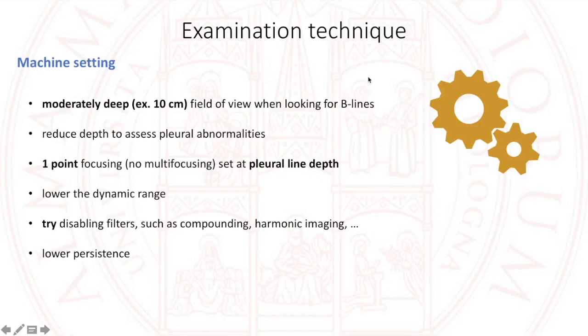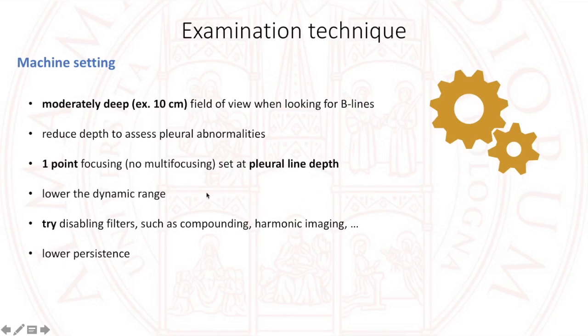Just some hints about machine settings. Normally we set the depth of field to about 10 centimeters to better assess B lines, and then we reduce the depth to assess little pleural abnormalities, or we switch to the linear probe. One point focusing should be used, no multifocusing, setting the focus point at the pleural line depth.